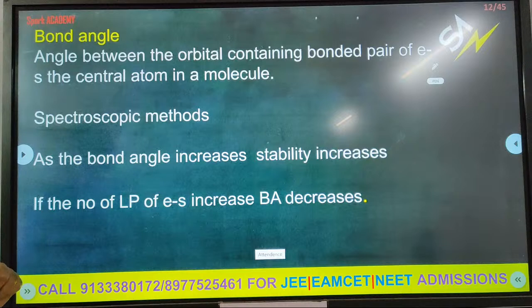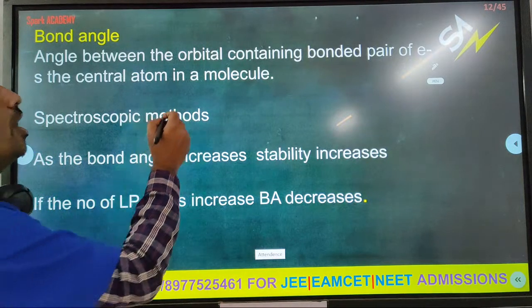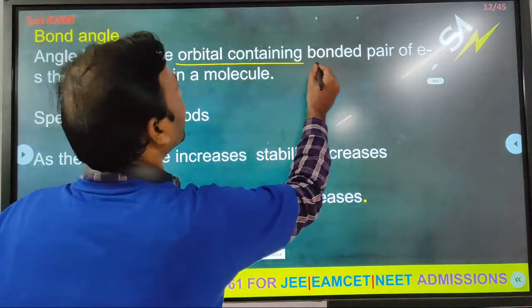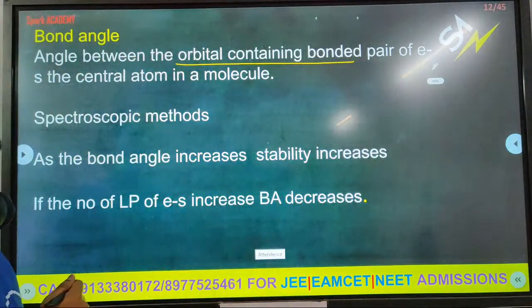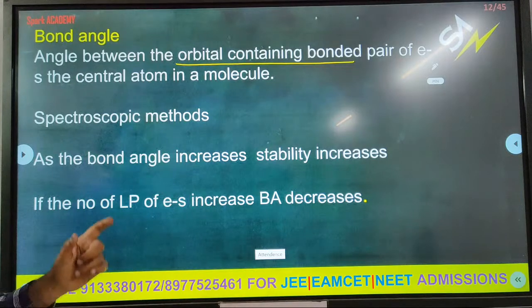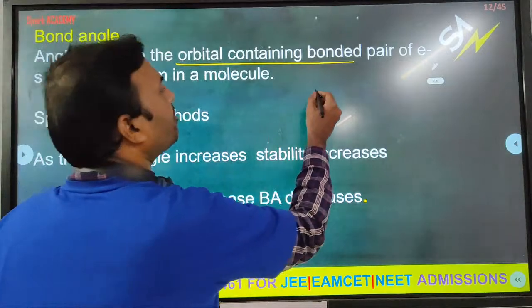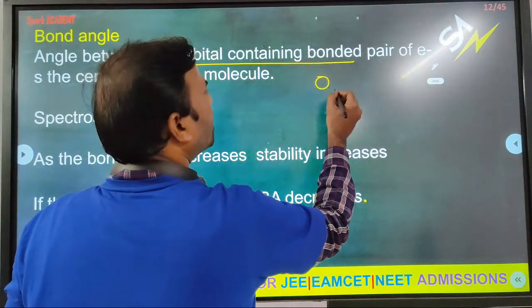After the first bond parameter, the bond length, the next one is bond angle. How can we define the bond angle? The angle between the orbitals containing bonded pairs of electrons at the central atom in a molecule. For example, the central atom is oxygen.